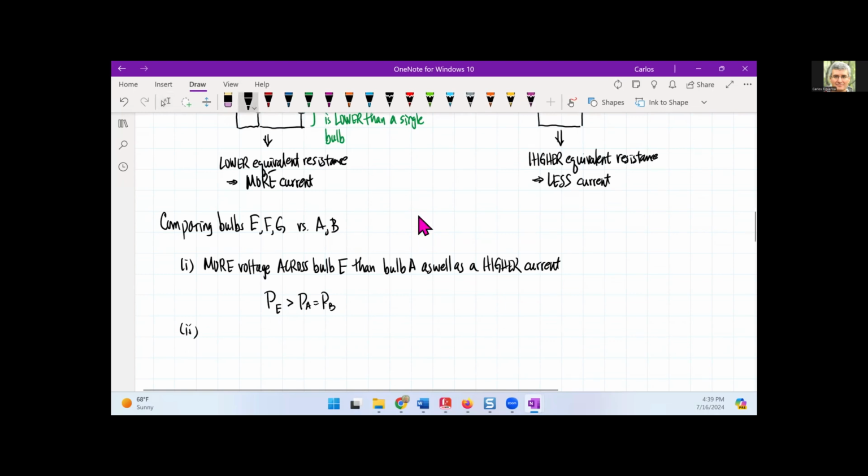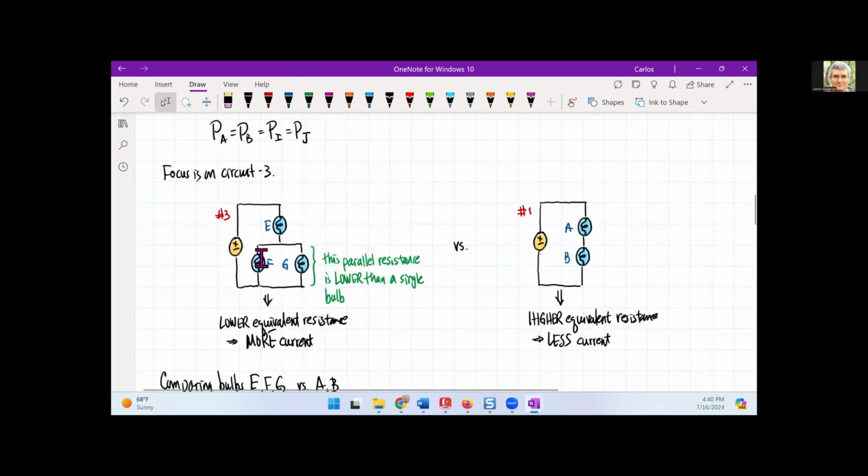So now you're going to have less voltage across bulbs F and G than bulb B. So in other words, this guy's going to have a smaller voltage than bulb B. Not a surprise.